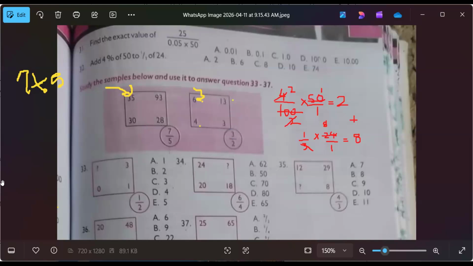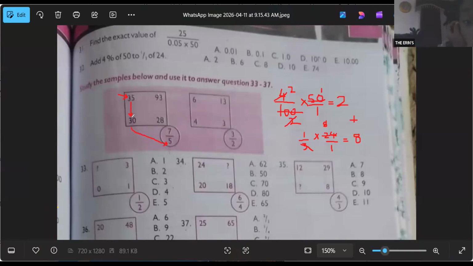So number one, just look at my own reasoning. Number one, I agree with you on the 7 times 5, 35. No problem. I agree with that because it was very easy to see. The next thing I noticed was that how can I get 30 from 35? I now see that, oh, there is a 5 here. If I subtract 5 from 35, I get 30. Okay, that's number one. Number two, how do I get 28?